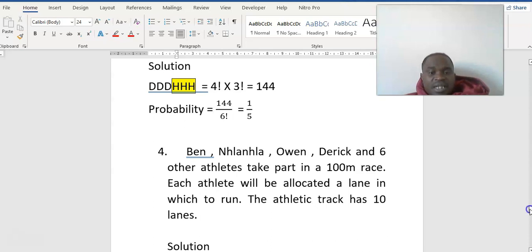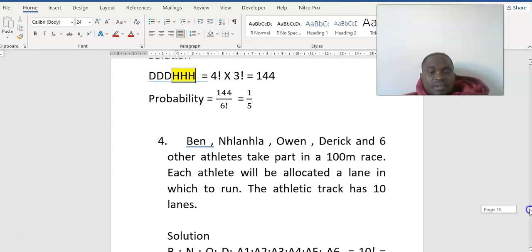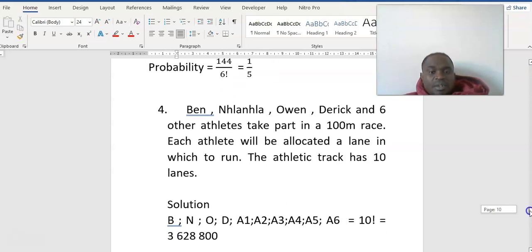race. Each athlete will be located a lane in which to run. The athletic track has what? 10 lanes. So there are 10 lanes: 1, 2, 3, 4, 5, 6, 7, 8, 9, 10.